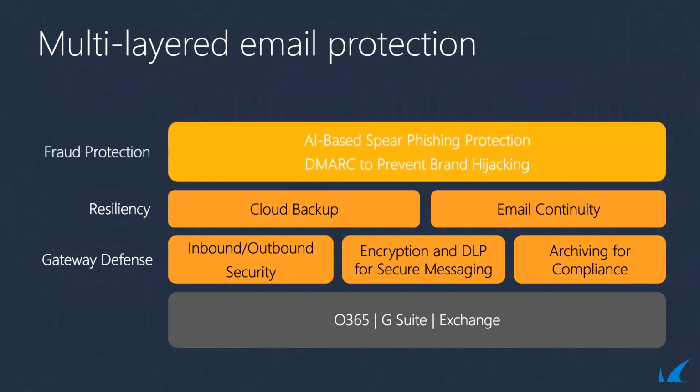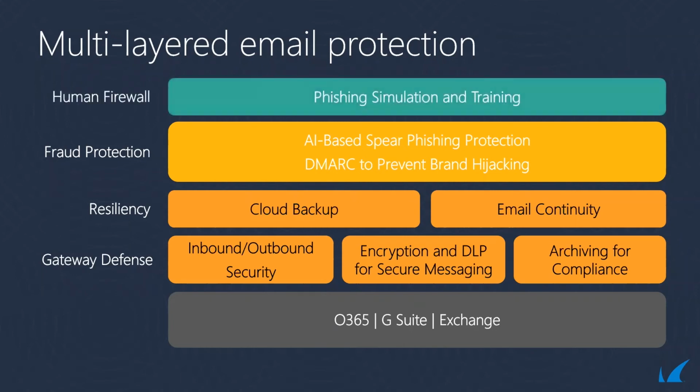Then we look at attacks that are bypassing the gateway, using artificial intelligence to predict how likely an email is to be from a person that it purports to be. And then DMARC as a standard to make use of that information to ensure that bad actors aren't sending spam or personalized attacks from your domain and therefore damaging the brand of that company.